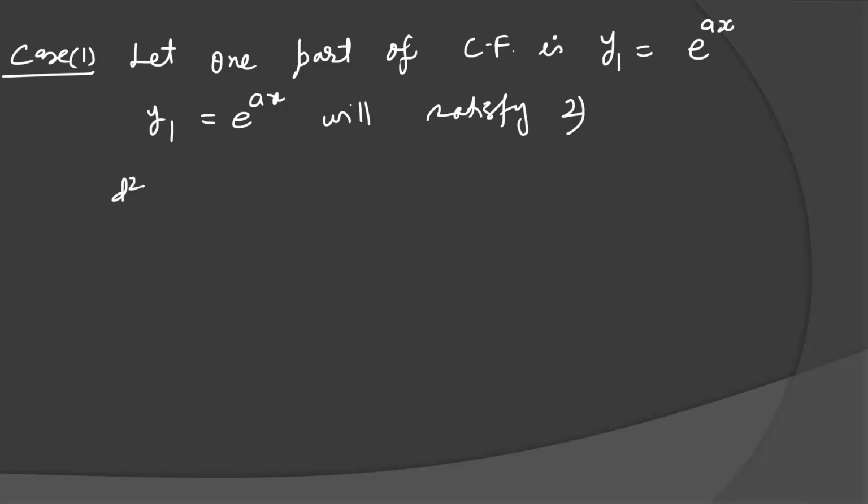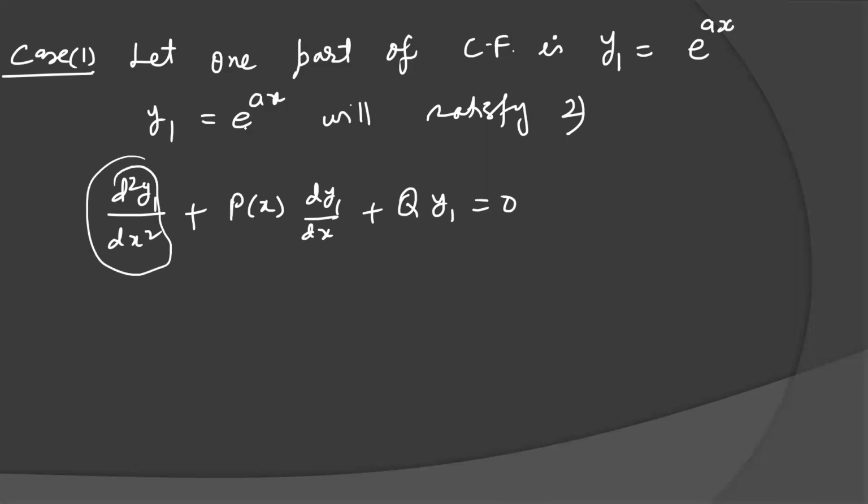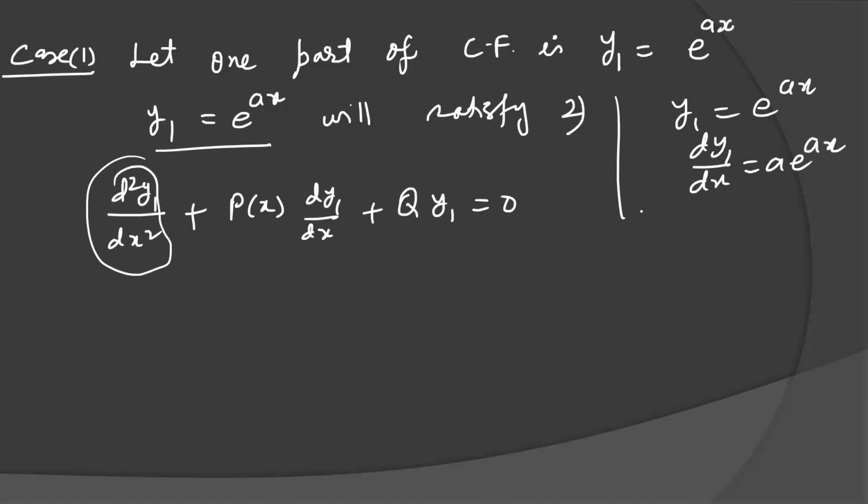So satisfy the equation d2y1 by dx2, because y1 is a solution, plus px dy1 by dx plus q y1 equal to 0. This is the equation for the homogeneous part only. Now put the value of y1 here. Can you tell me, y1 equal to e to the power ax, then your dy1 by dx will be a into e to the power ax. And your d2y1 by dx2 will be a square e to the power ax.